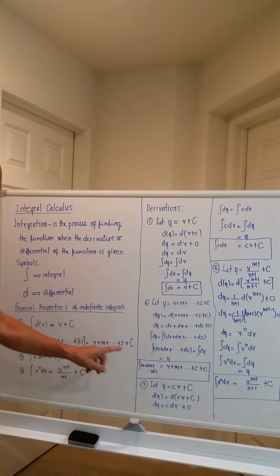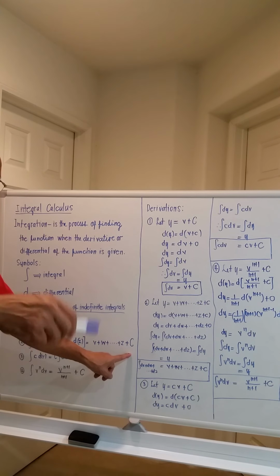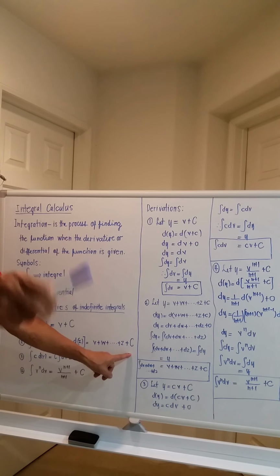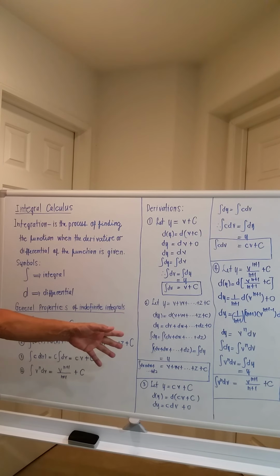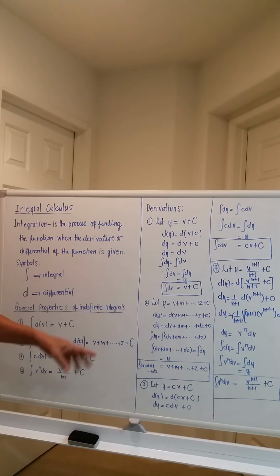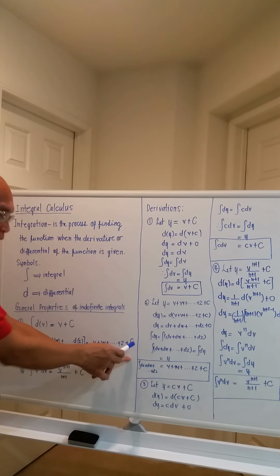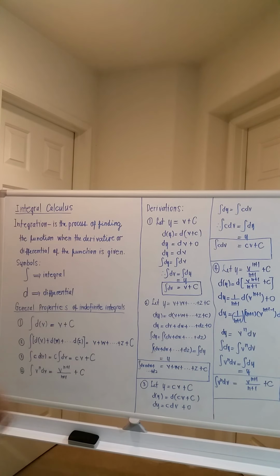But if this constant C is given a value like plus 2 or minus 2, we term that definite integral. But for the meantime, we'll just do first the indefinite integral by just placing a plus C to our final answer.